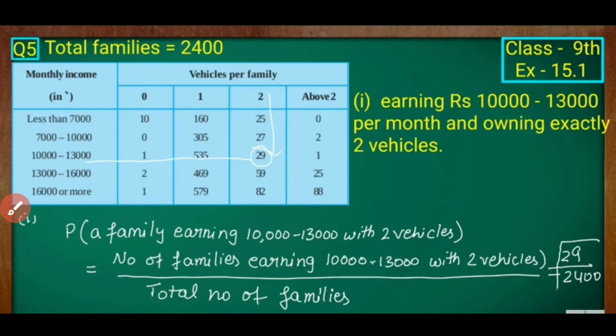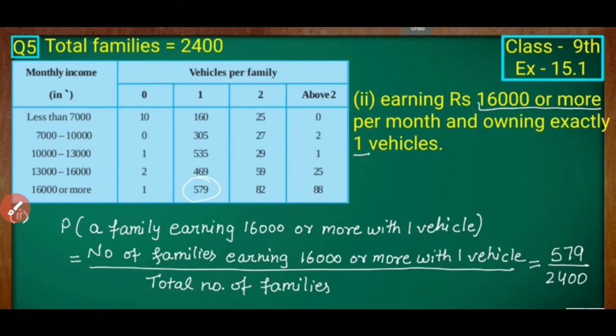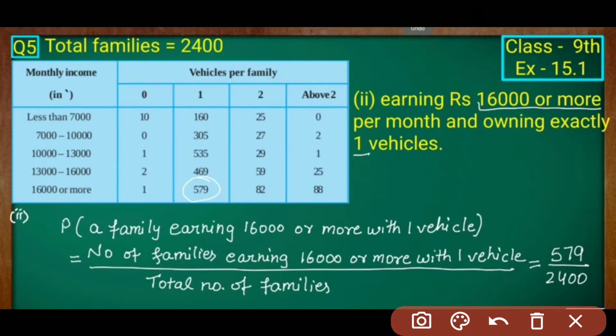Let's see condition number 2 from the fifth question: earning rupees 16,000 or more per month and owning exactly one vehicle. That means the family has more than 16,000 income and one vehicle. Where we meet both these points, that is 579, which is the required probability.